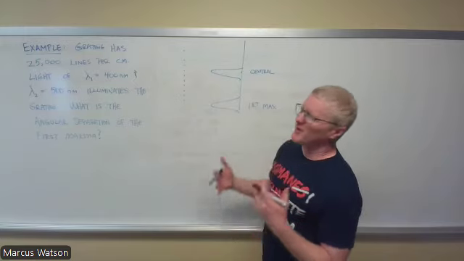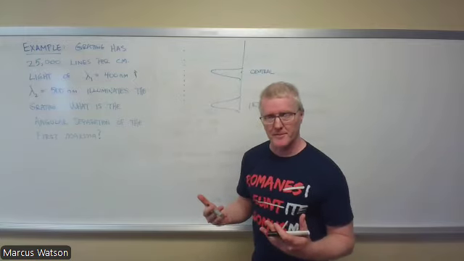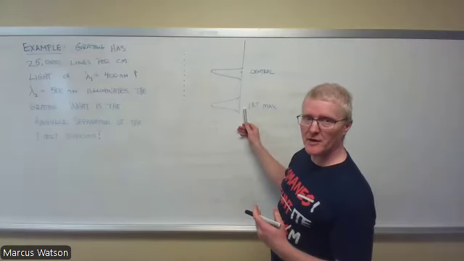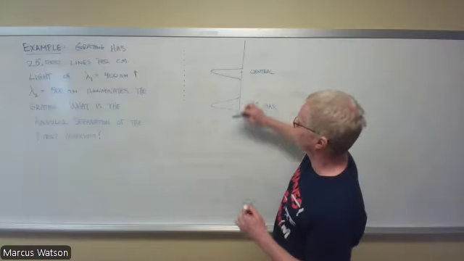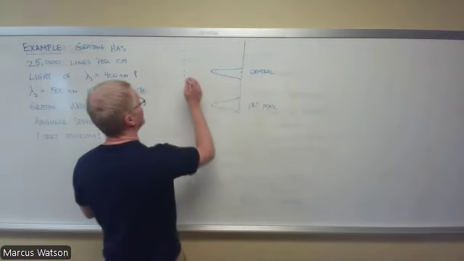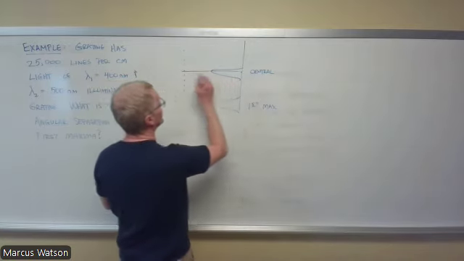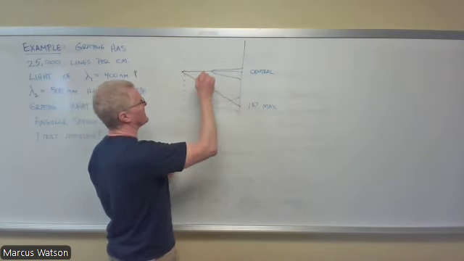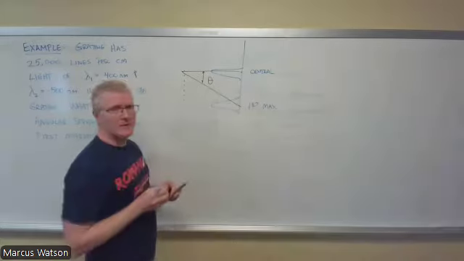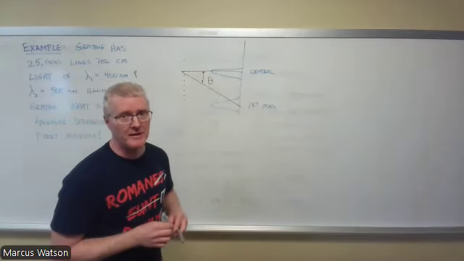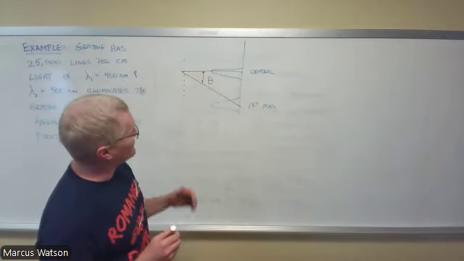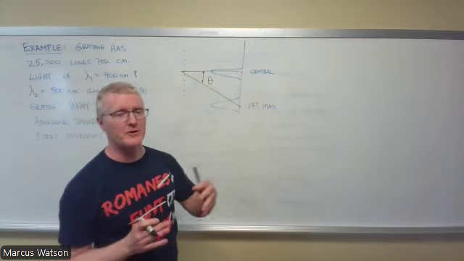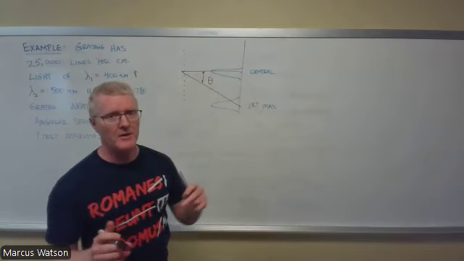So what happens if I increase the wavelength? What's going to happen to the angular distance of the first maximum, from here to here? That's the theta. It's not a small angle anymore. If I increase the wavelength, then I expect to see that fringe get pushed further away.